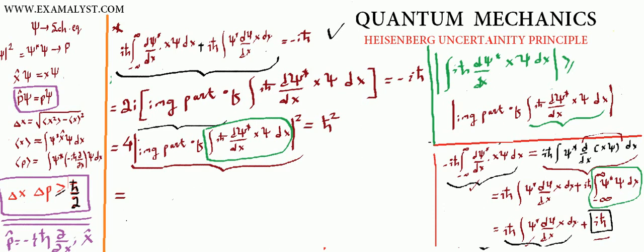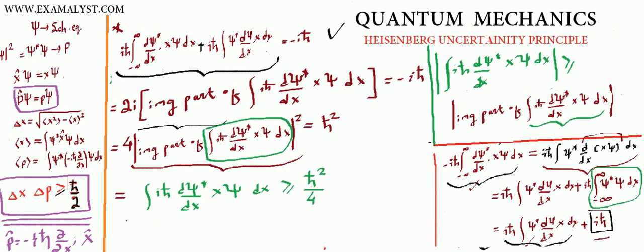So in the next step, I can just write that my integration of iħ, what was my function, dψ*/dx into xψ, and there will be dx. Of course this function is greater than or equal to ħ squared by 4.